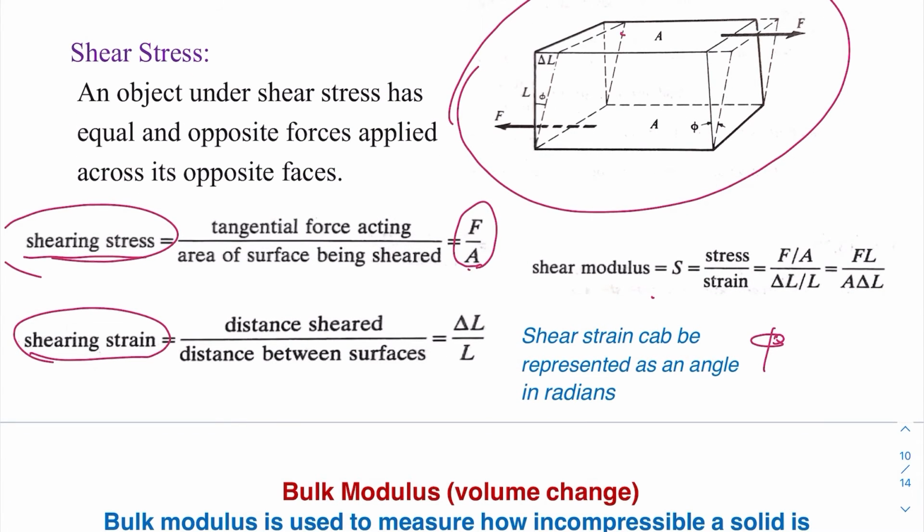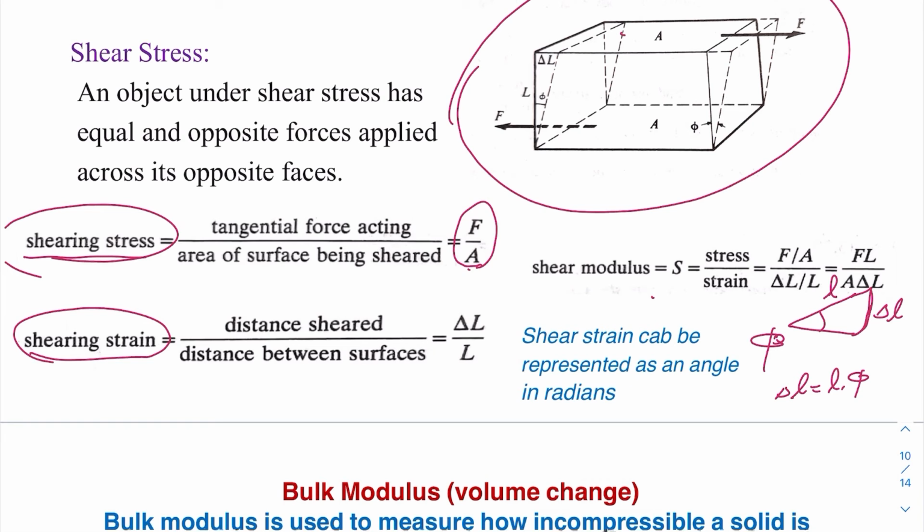As you remember, phi is measured in radians, so if we need to measure the length of the arc, delta L will be equal to L times phi.